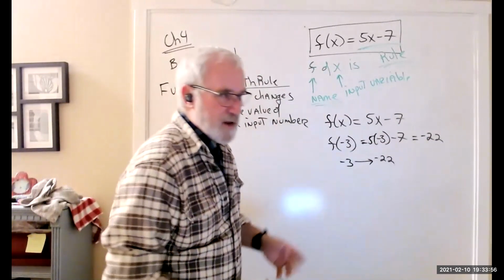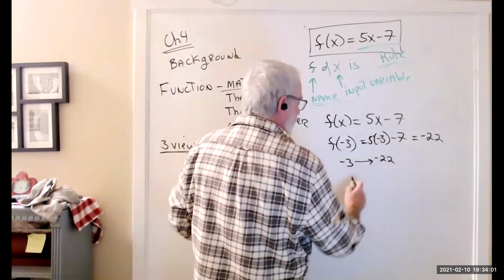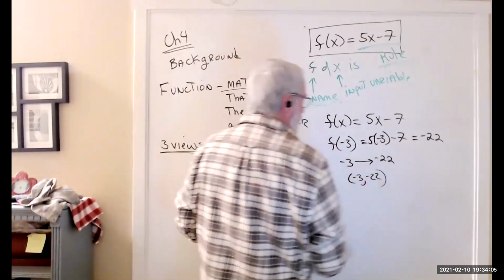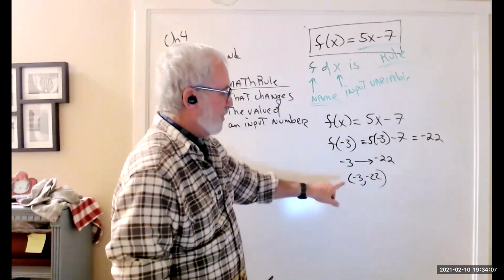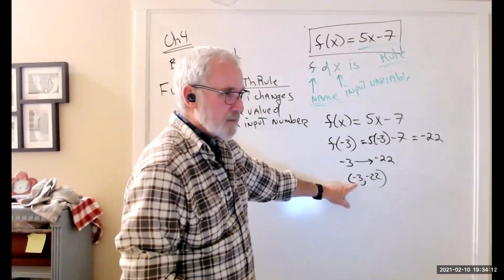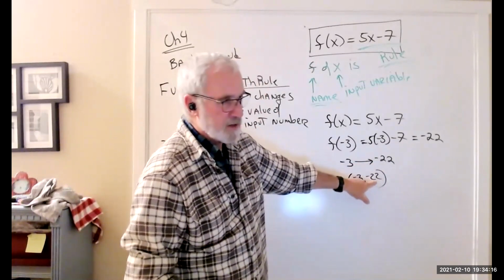Mathematicians, because they're fancy, will say something like this. Instead of using the arrow, they'll write negative 3 comma negative 22. They'll write an ordered pair like that, telling us that when we started with negative 3 and plugged it into our rule, we ended up with negative 22.